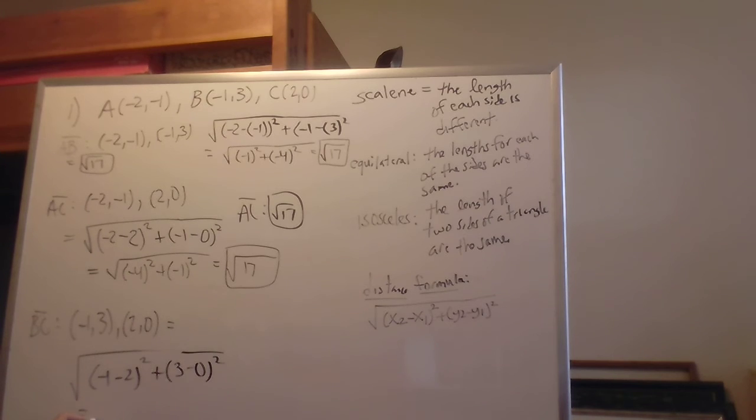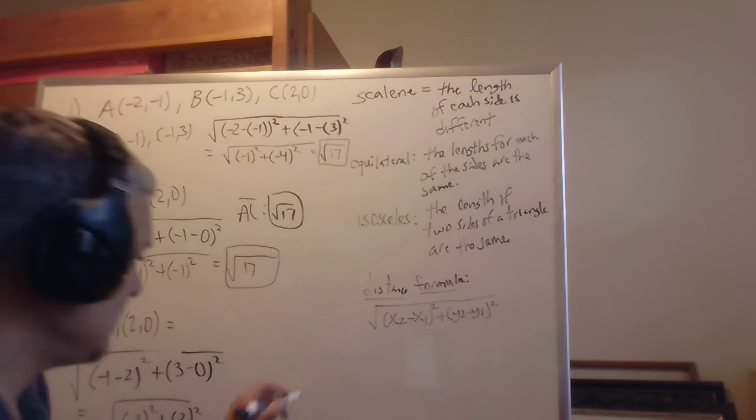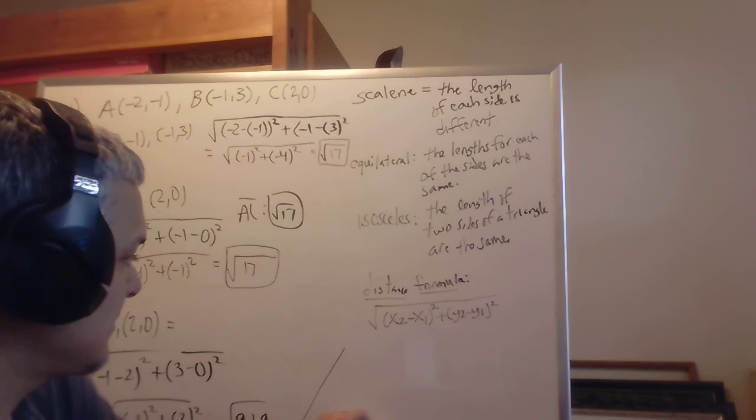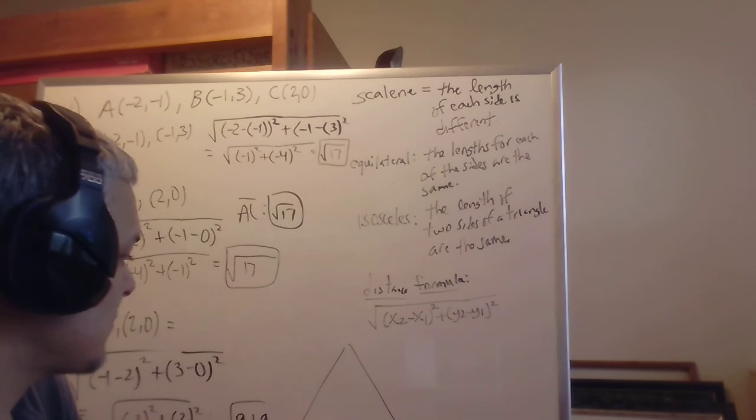Doing the math, -1 minus 2, that's going to give us -3 squared, plus 3 minus 0, that's going to give us 3 squared. Doing the math, -3 squared is 9, plus 9, that's going to give us the square root of 18.